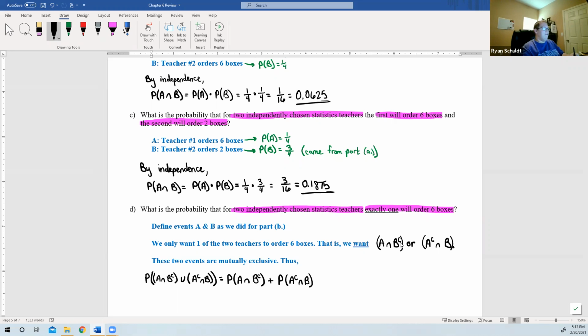Since they're mutually exclusive, we can add them and not worry about some intersection where they commingle, because they won't. One will happen or the other will happen. They will never come together.